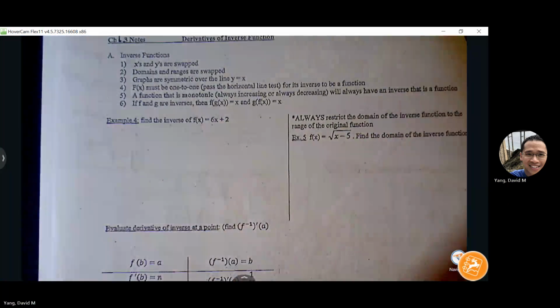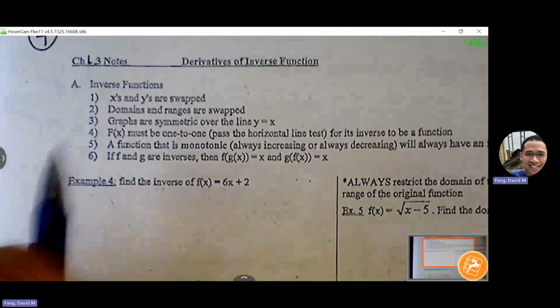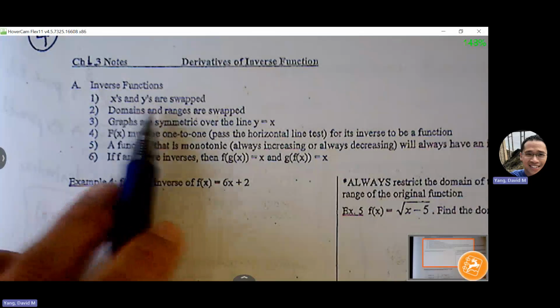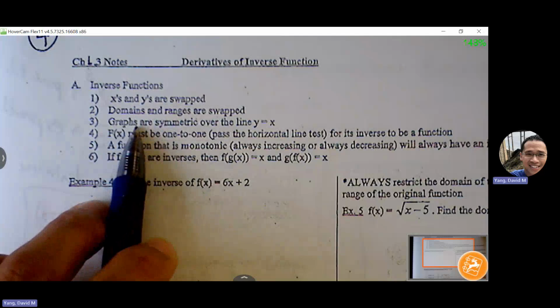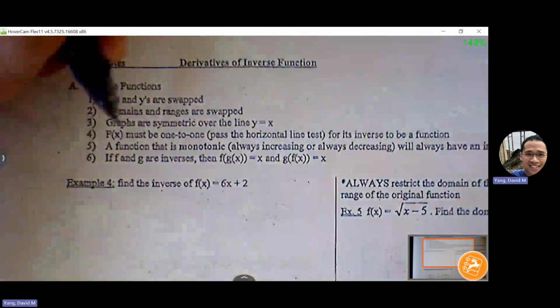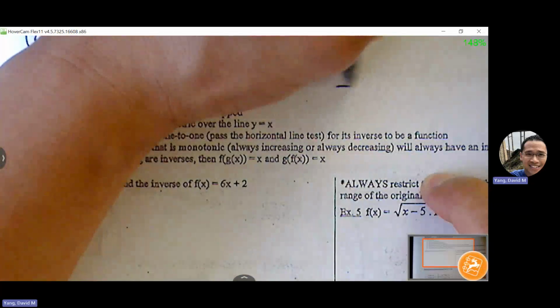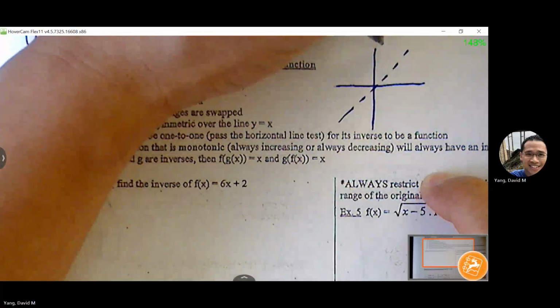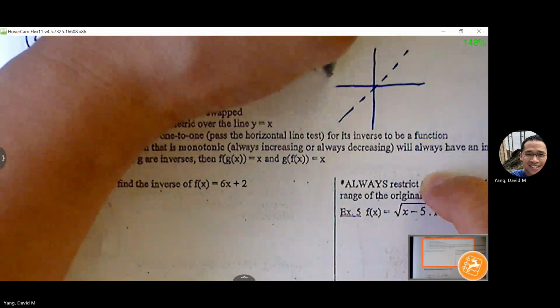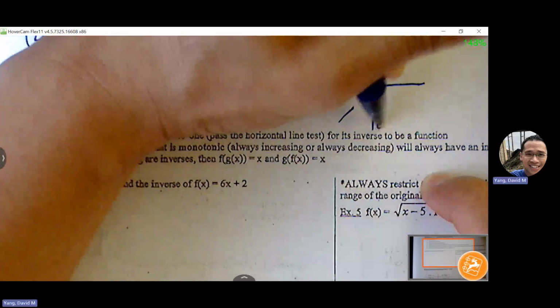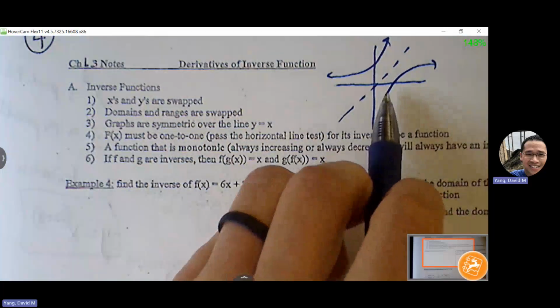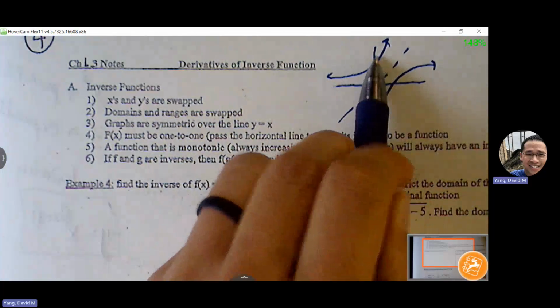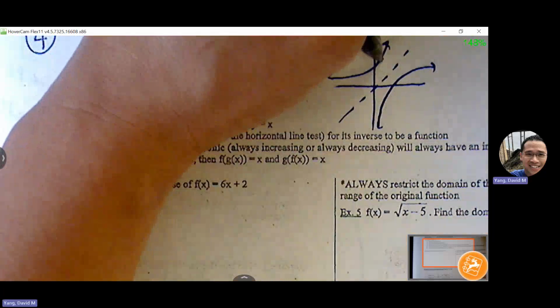Inverse functions are functions where x's and y's are swapped. So if your x's and y's are swapped, your domains are also swapped. For instance, these are inverse functions, where any ordered pair that lives on one function, you're going to get a flipped version on the other.